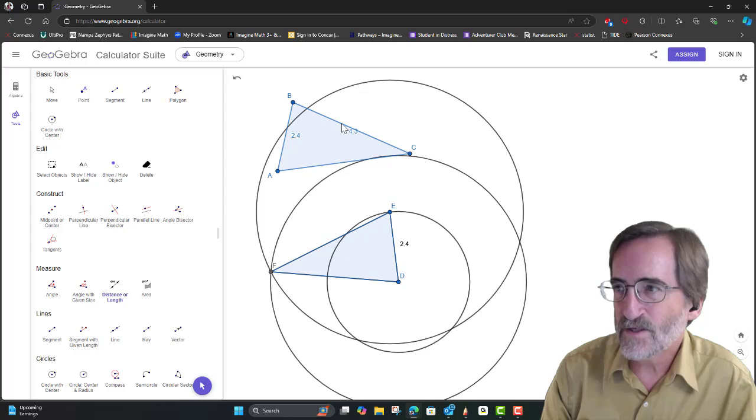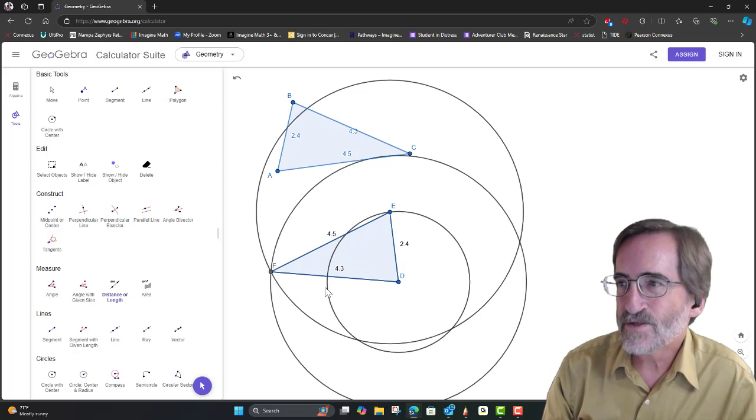Distance from B to C, 4.3. It should have been D to F, because I put it on the other side. D to F, there we go, 4.3. BC corresponds with DF, and AC corresponds with EF, 4.5. And so all the sides are the same length.